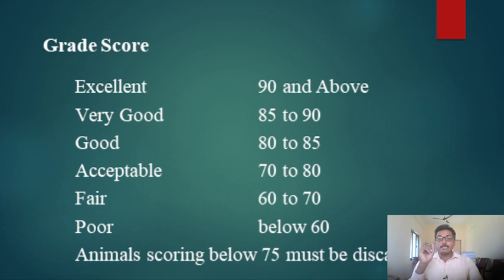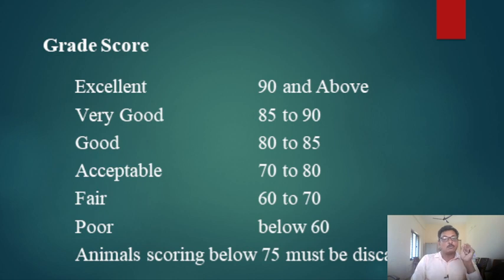And if that animal has got 85 to 90 points only, then it will be categorized as a very good animal in the dairy. If it got 80 to 85 marks, then it should be treated as a good animal, and of course it should also have no problem in the dairy.